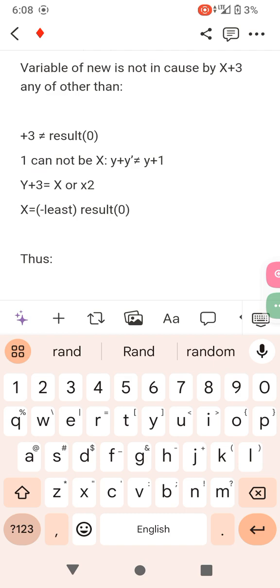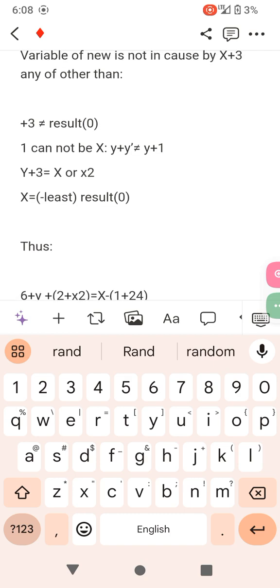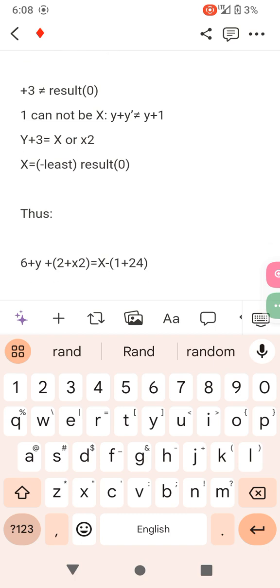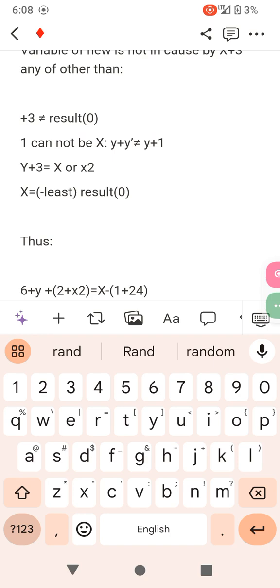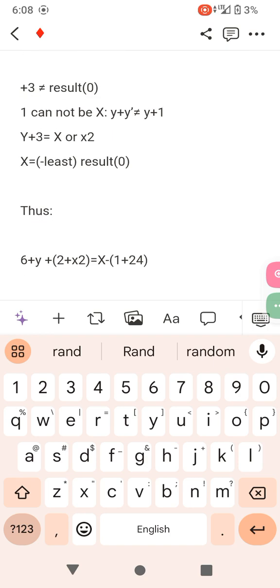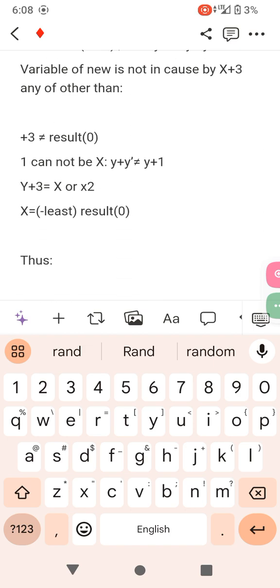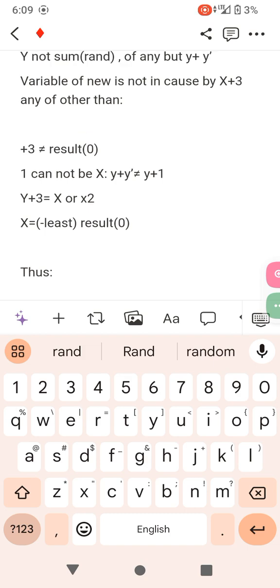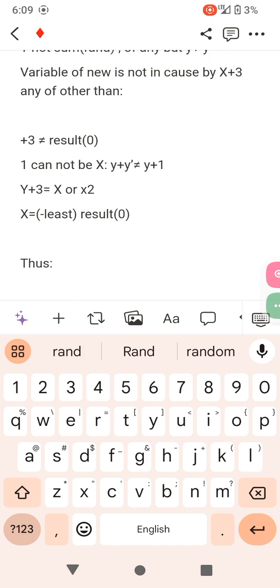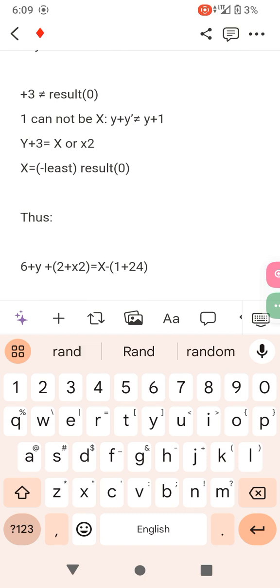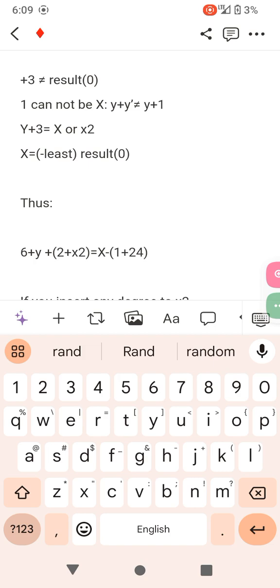By plus 3 unequals result 0. Meaning 1 cannot be x plus y whatever, meaning derivation of y equals y plus 1. Y plus 3 is then x or x2, and x2 is not the computation but computable and computated abbreviation of desolation, meaning x equals minus, meaning at least x equals at least result 0.